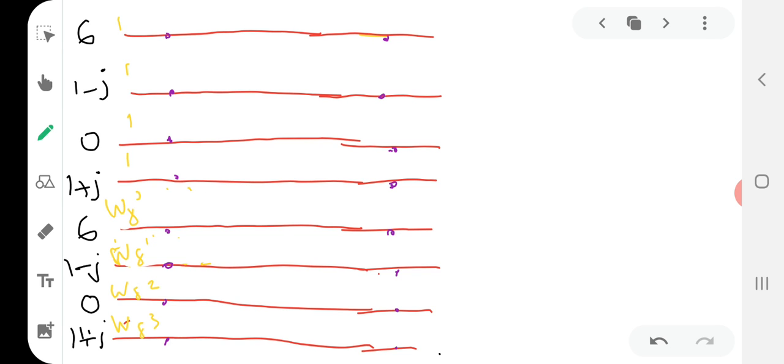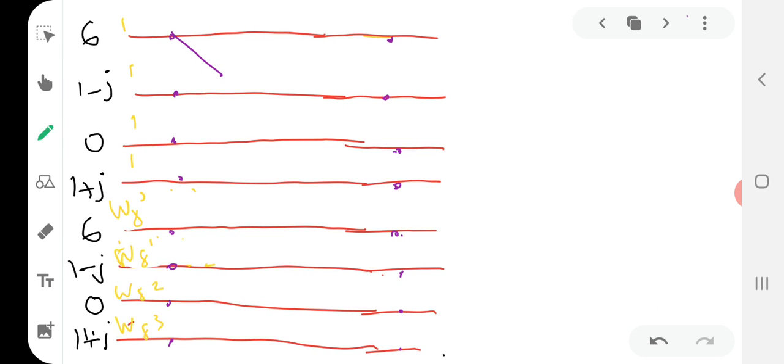Now how will we draw it? We are crossing 3 lines. See here, 1, 2, and we will join it at the third point, that is 1, 2, 3, the fourth point. This is the fourth line, and we have to join it at the fourth line.